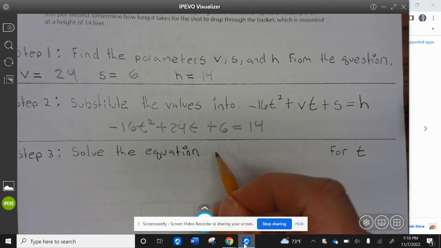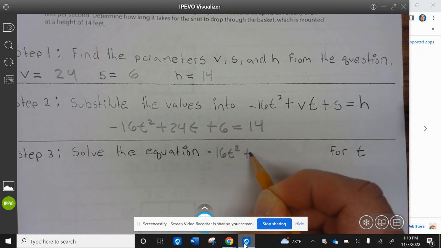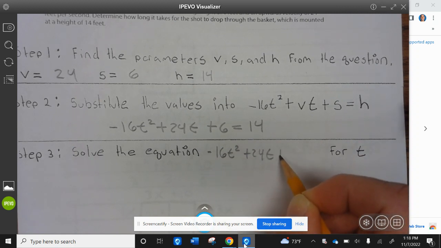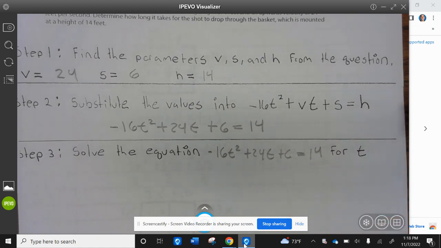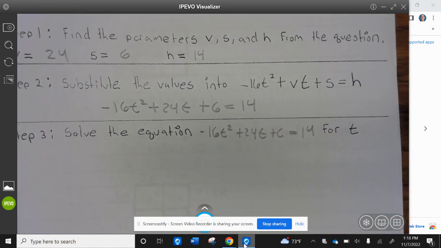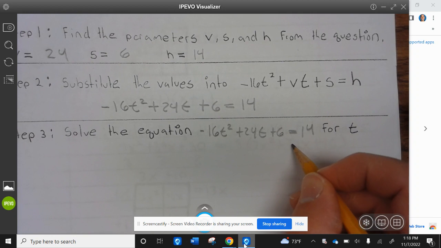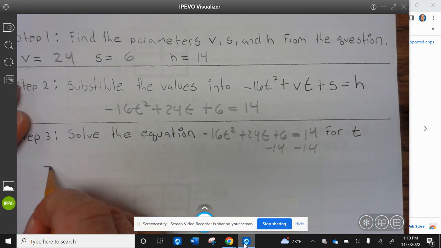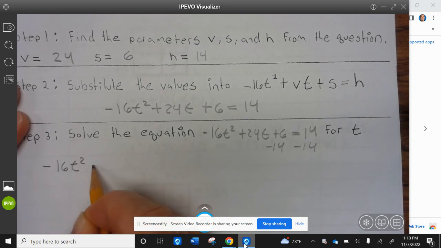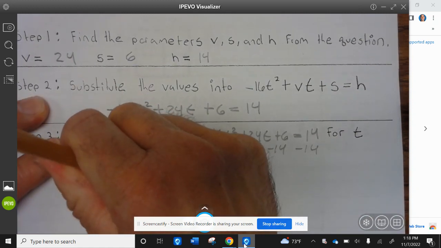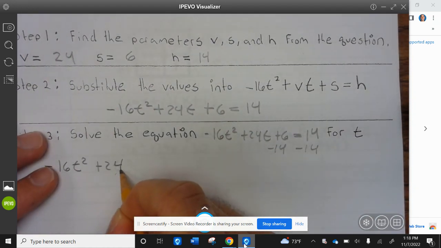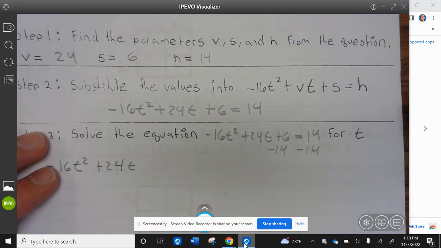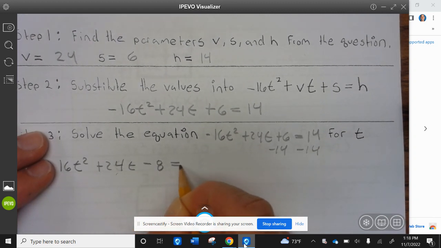So we're going to solve negative 16t squared plus 24t plus 6 equals 14. Now the first thing we do is subtract 14 from both sides. So then you get negative 16t squared plus 24t minus 8 equals 0.